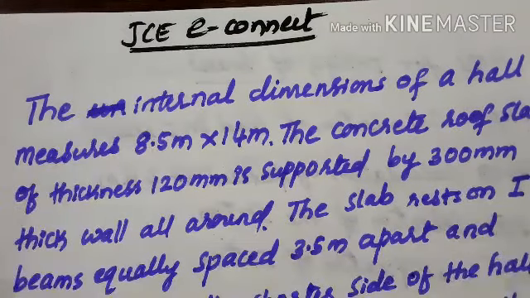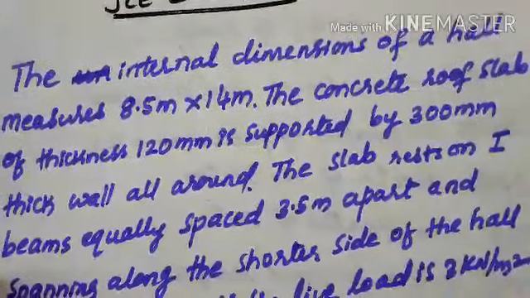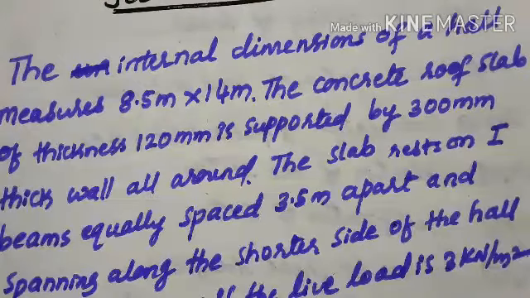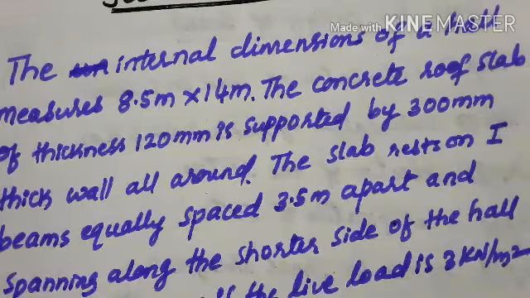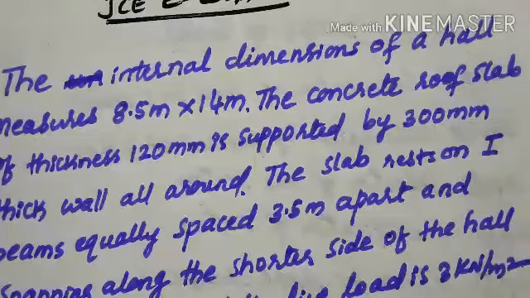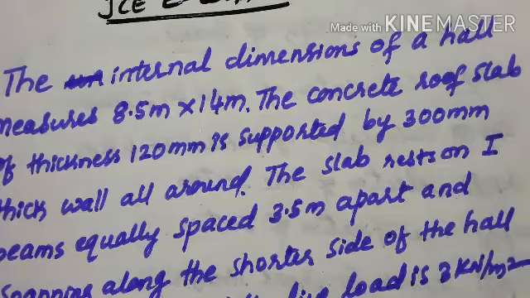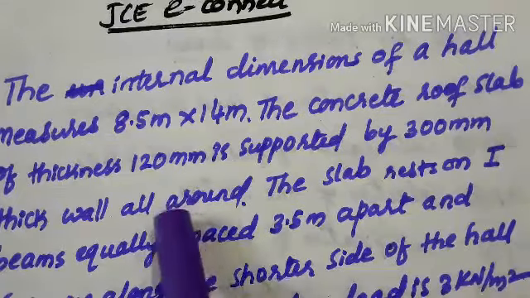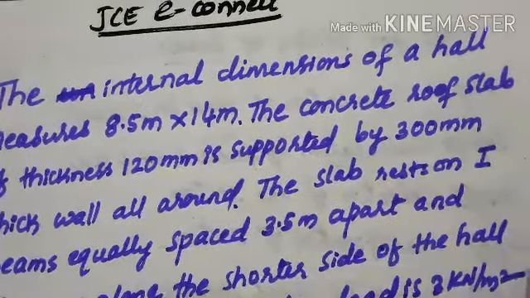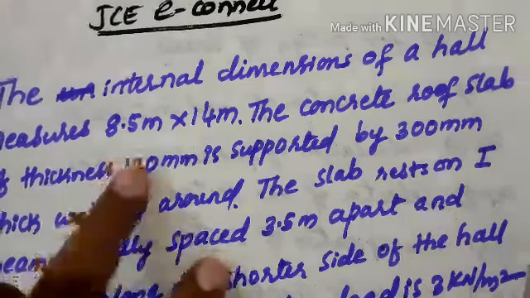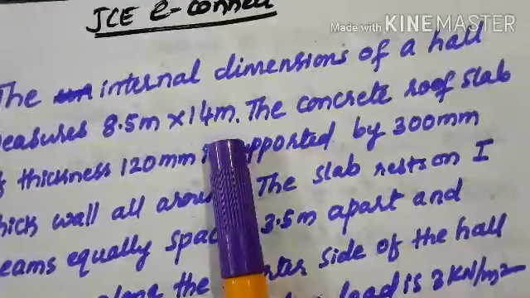We'll continue with one more design problem on beams. This particular problem I have taken from a university question paper. In this problem, what has been given? The internal dimensions of a hall measure 8.5 meter by 14 meter.